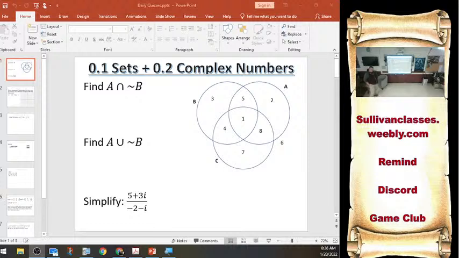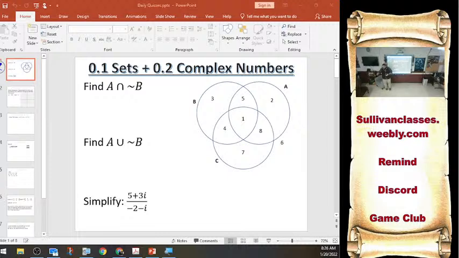So now let's check it out. Symbol-wise, what is the that? Intersection, and it is the "and" of the set world. What is the that? Not.